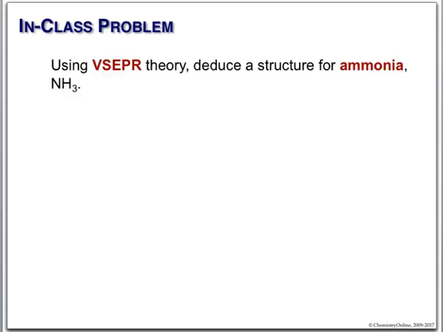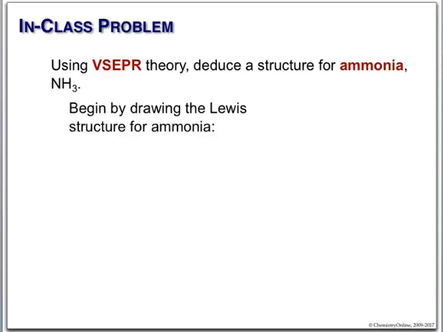So let's do this for ammonia. Ammonia is NH3. We did this in class. Nitrogen is in group 5, so we have 5 electrons around it. Hydrogen is group 1. We have 1 electron around each. We pair them up, and our Lewis structure looked like that.